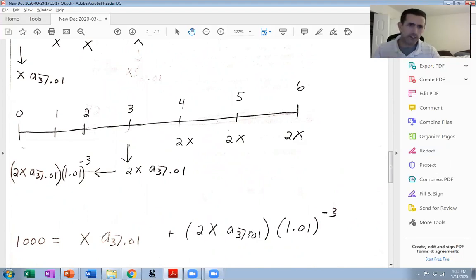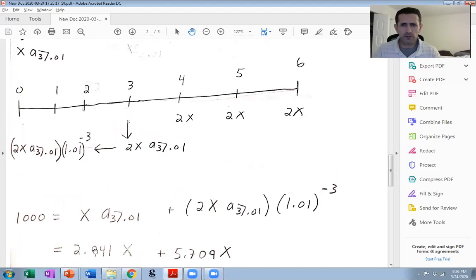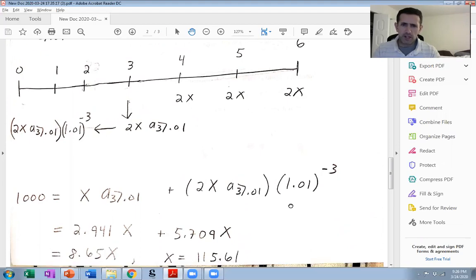And again, not to sound like a broken record, but by essentially how loans work, that's what the loan amount is. That's the loan value. So dump all this into a calculator, X times a-angle-3 plus 2 a-angle-3 times 1.01 to the minus 3, and we get 8.65X equals 1,000. Dividing by 8.65, you get X equals 115.61.